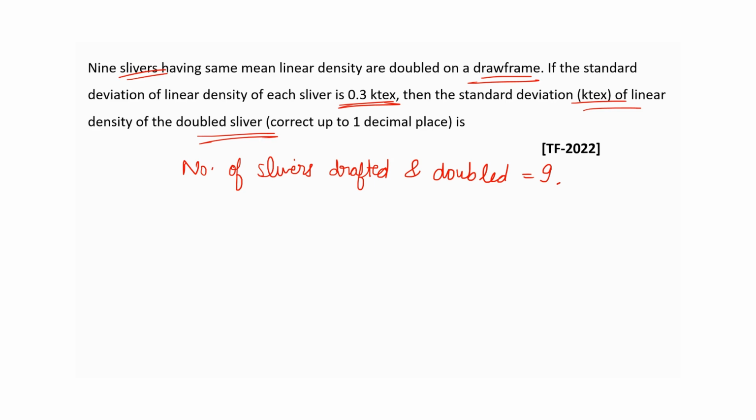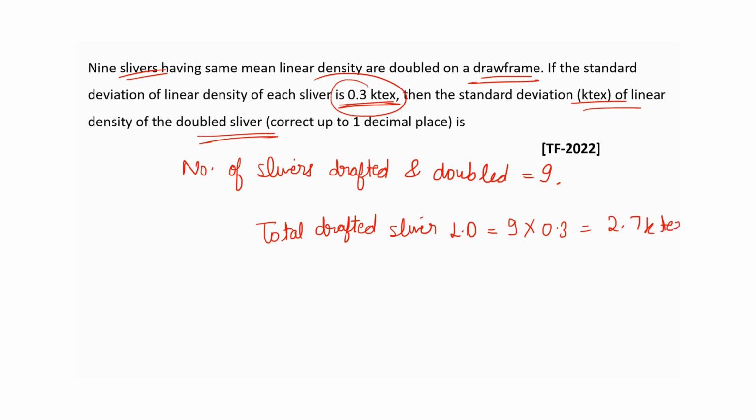If the linear density of the one sliver is 0.3 kilotex, then the total drafted sliver linear density would be, for 1 it is 0.3, then for 9 it is 9 into 0.3, that means 2.7 kilotex.